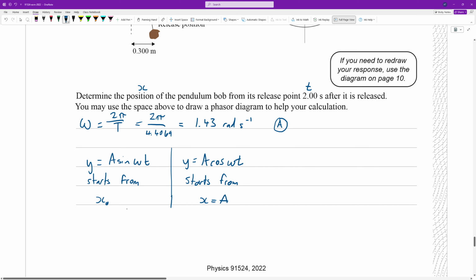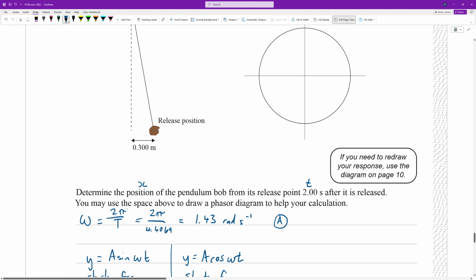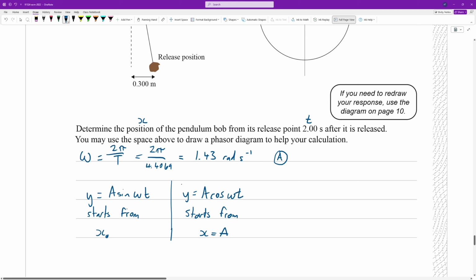A maximum displacement. So in this context, we let go of the pendulum away from the rest position, so it's at a maximum amplitude. So we will choose this equation right here, y equals a cos omega t.